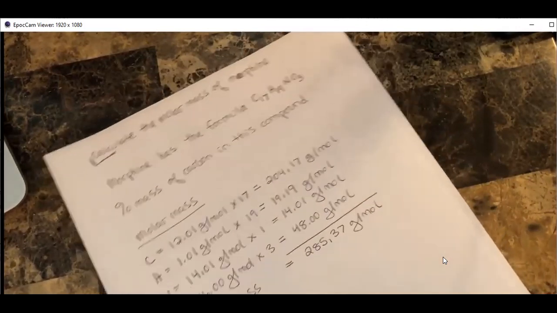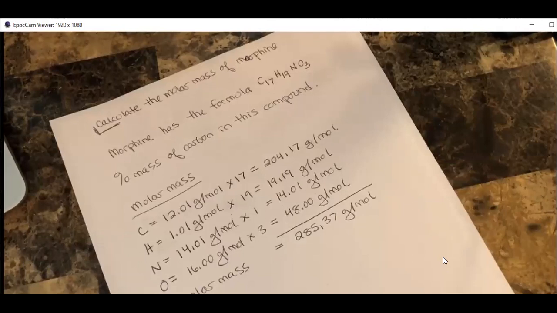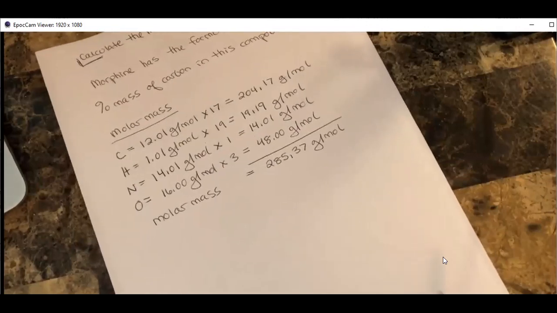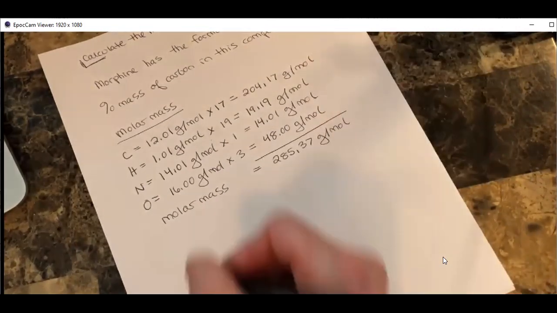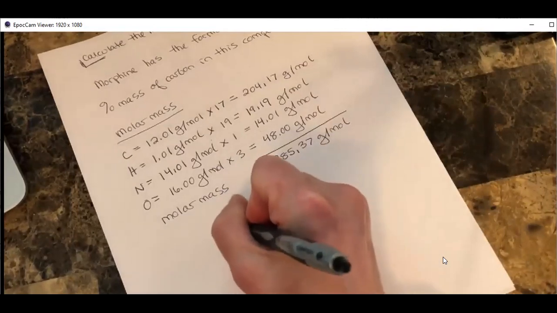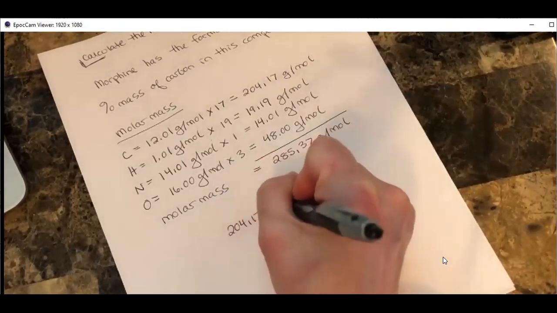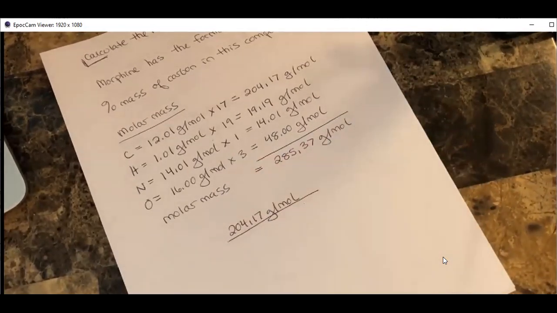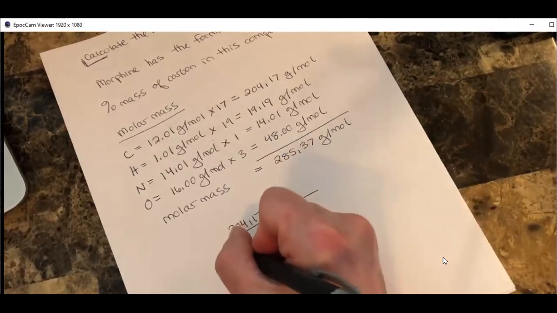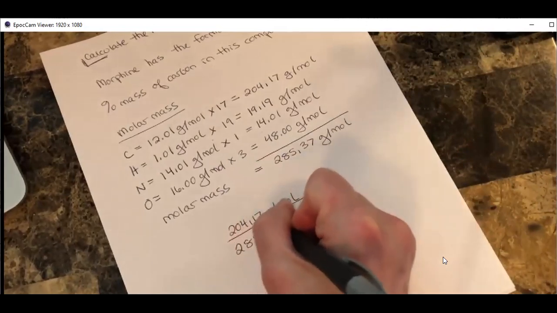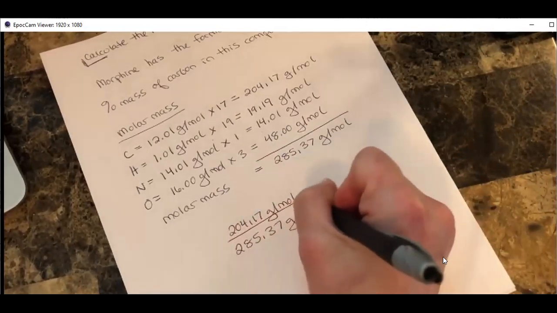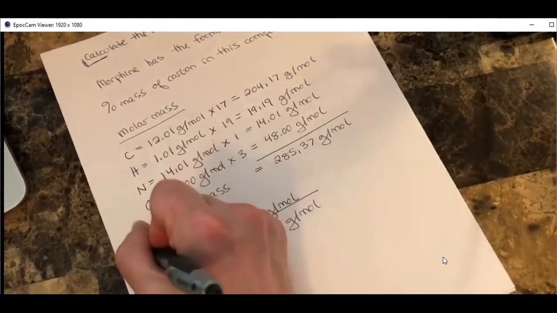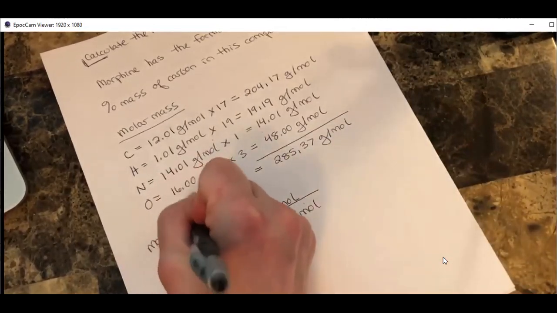Okay, so now we have to go back to the question. We want to look at the percent mass of carbon in this compound. Okay, so if we take the molar mass of carbon, which is 204.17 grams per mole, divided by 285.37 grams per mole, which is the total molar mass for morphine, right?